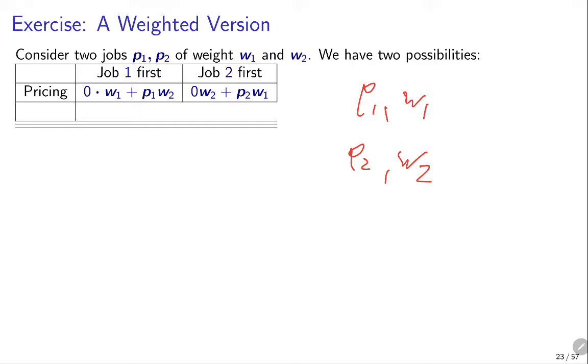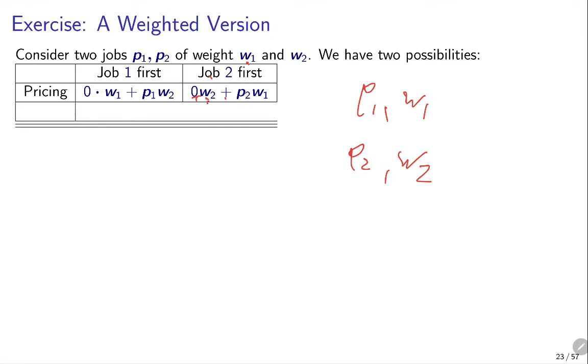If the first job is first, then the first job doesn't wait. That's good. But the second job has to wait for the length of the first processing time. So the price overall is going to be what's written here. Similarly, if the second job is first, then the second job doesn't wait, so its waiting time is 0.